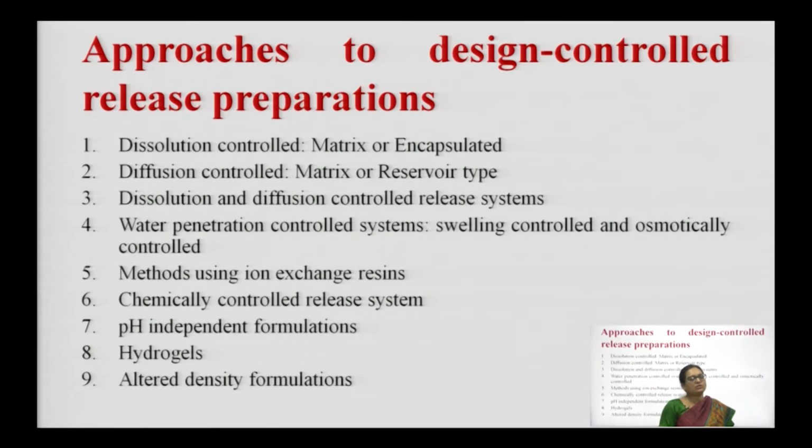These are based on either swelling mechanism, where the polymer is such which swells in contact with biological fluids and hence regulates the release of the drug, or osmotically controlled systems, which will be based on osmosis. Then we have got methods using ion exchange resin, where the drug is absorbed onto the surface of an inert resin.